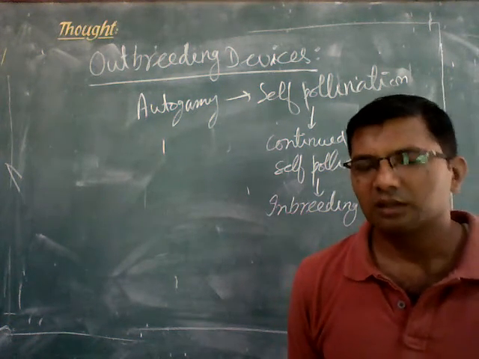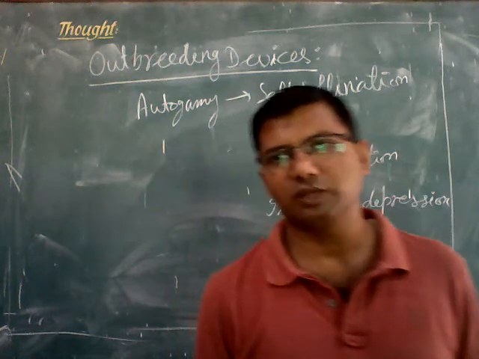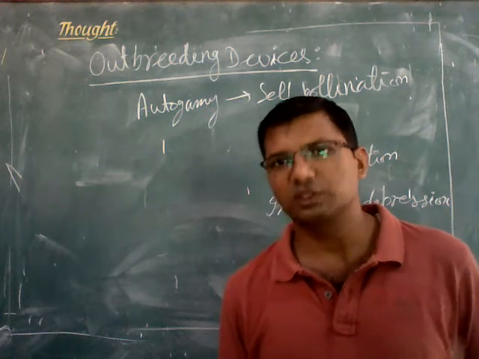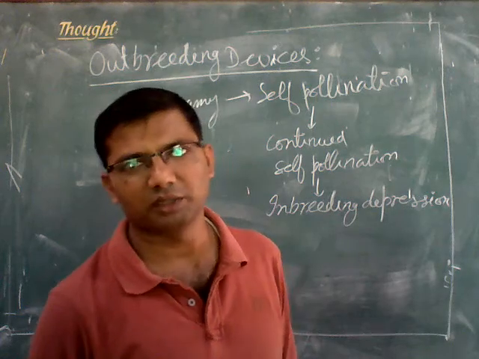And inbreeding depression causes a reduction in the yield, okay, and a reduction in the quality, reduction in the milk production, reduction in the meat production. All these problems are caused because of the inbreeding depression.